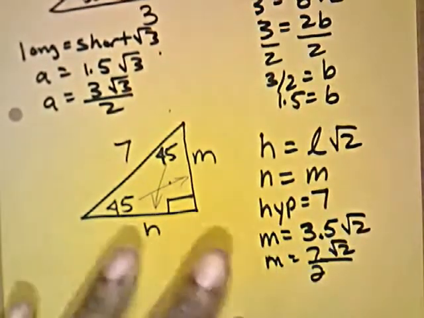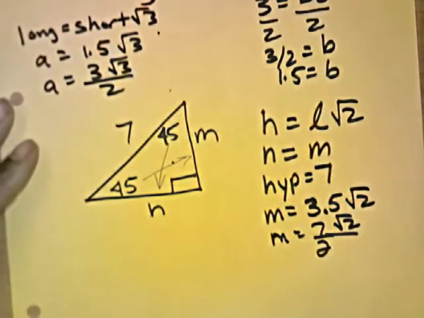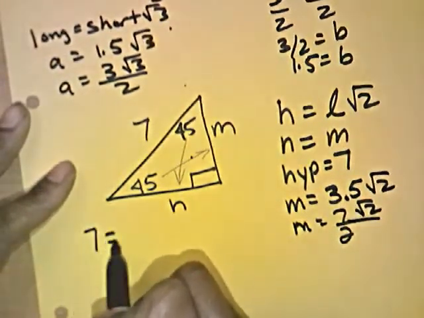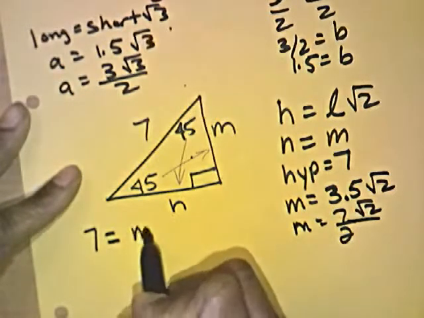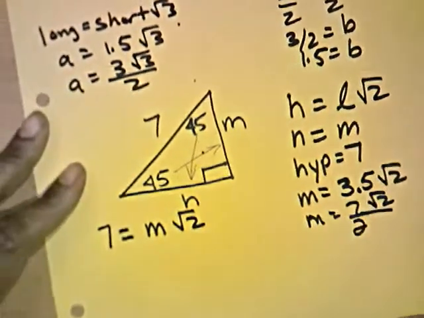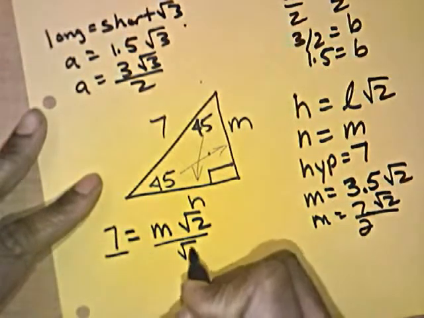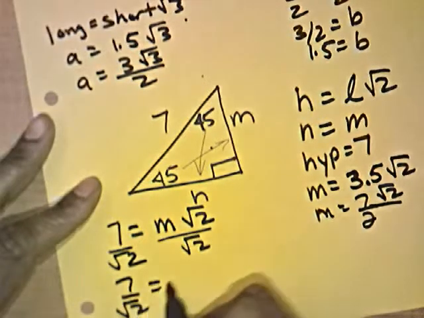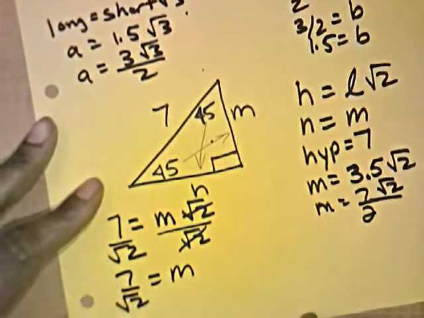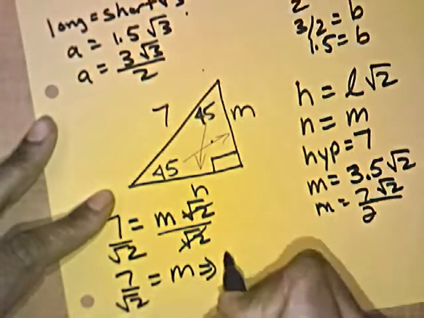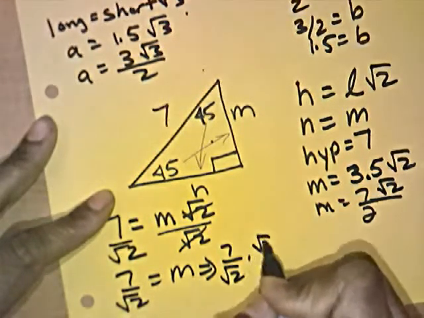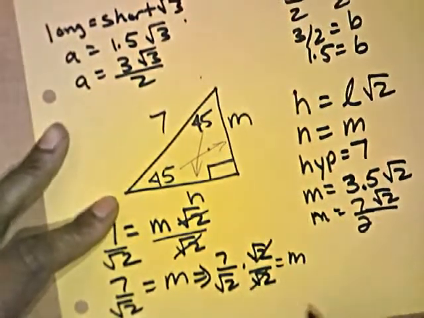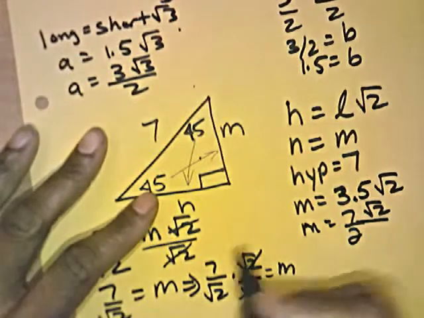Okay? But let's check that out. Let's do some math for that. The hypotenuse, 7, is equal to the length of the leg times the square root of 2. Divide both sides by the square root of 2. You get 7 over square root of 2 equals M. I can't have that denominator down there, so that's going to be 7 over square root of 2 times the square root of 2 over the square root of 2 equals M. I'm sorry, that's not going to cancel.